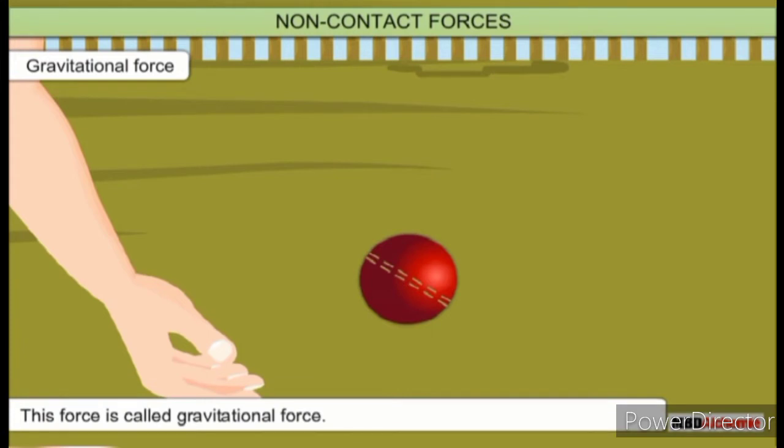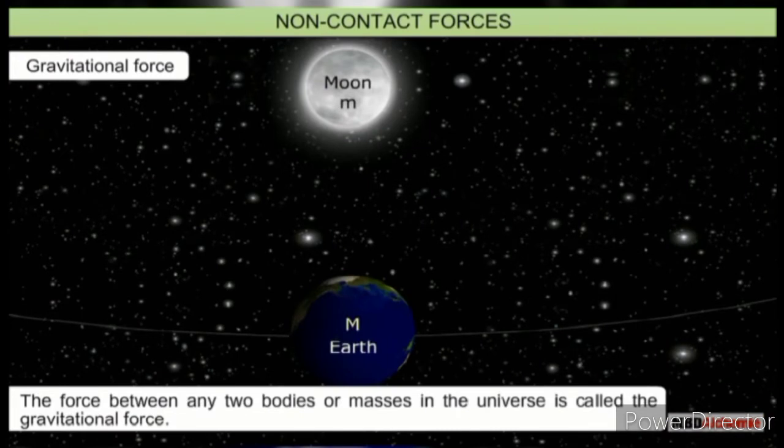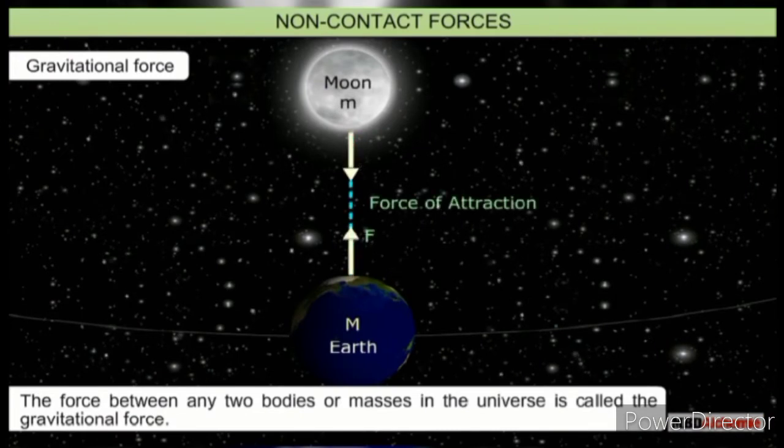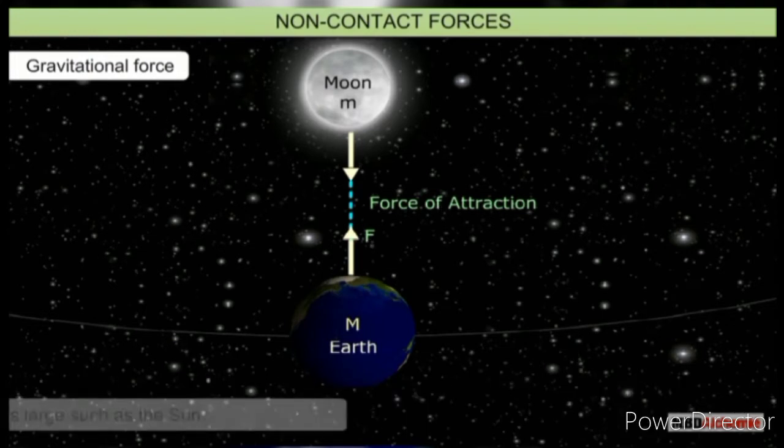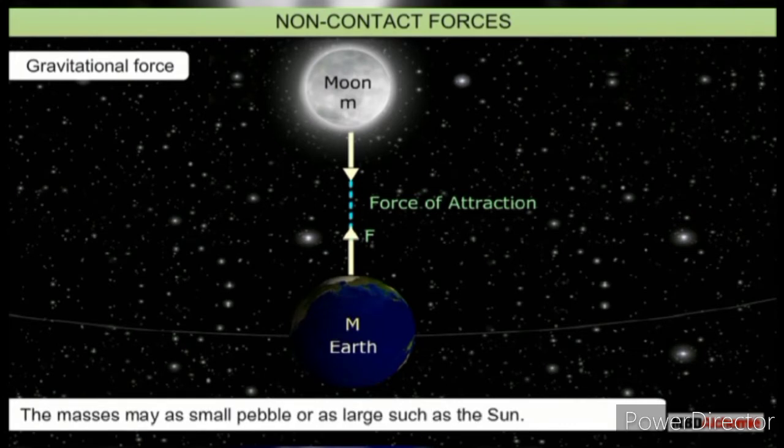This force is called gravitational force. The force between any two bodies or masses in the universe is called the gravitational force. The masses may be as small as a pebble or as large as the sun.